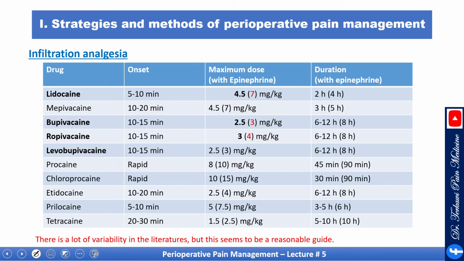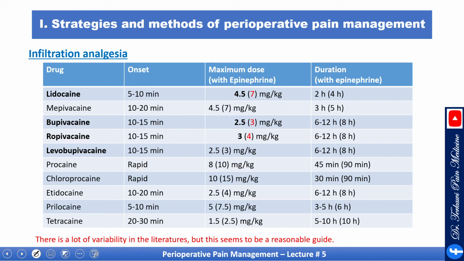It will show you the onset of action, maximum dose, and duration of action. I want you to notice that if you go to the literature, there is a lot of variability in the doses. I did my best to choose what I think are the best references.